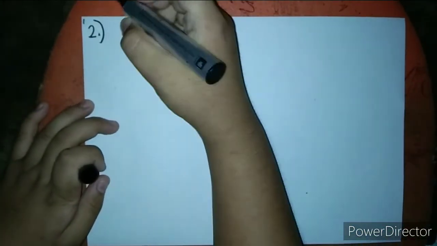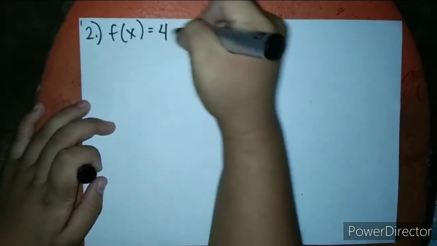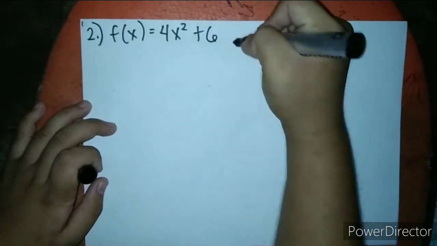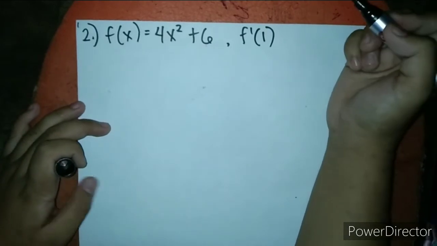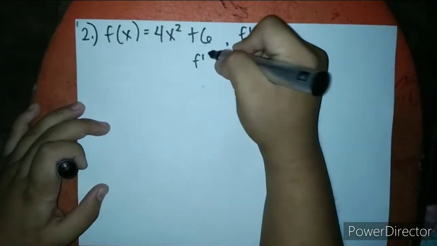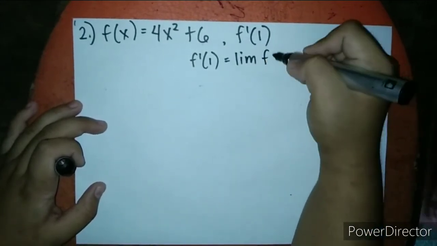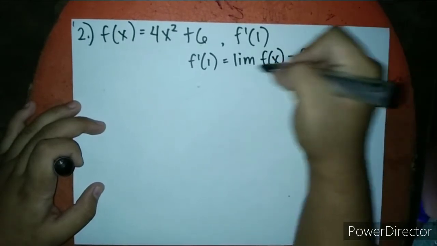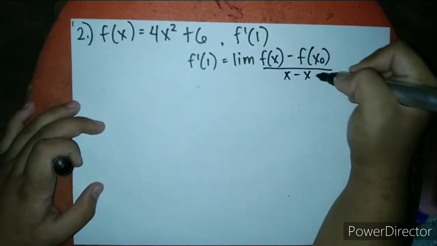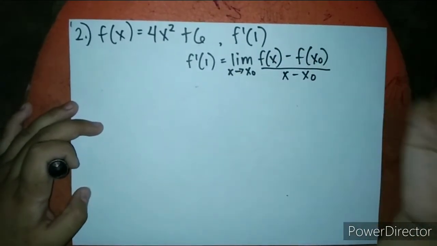Ito naman ang ating pangalawang example. Number 2. f of x is equals to 4x squared plus 6. So, ang f prime na ulit natin ay 1. Ganun ulit ang gagamitin nating formula. f prime of 1 is equals to the limit of f of x minus f of x sub 0 over x minus x sub 0 as x approaches x sub 0. Ganun din ang step natin.